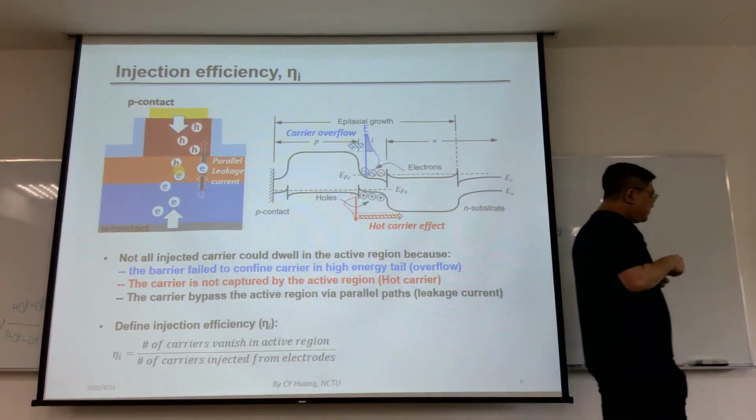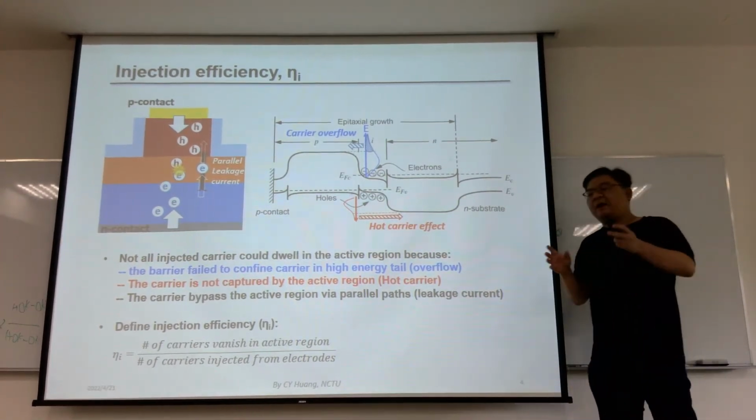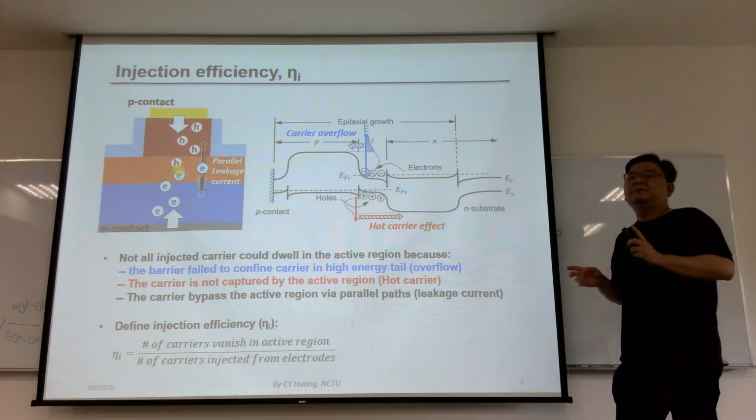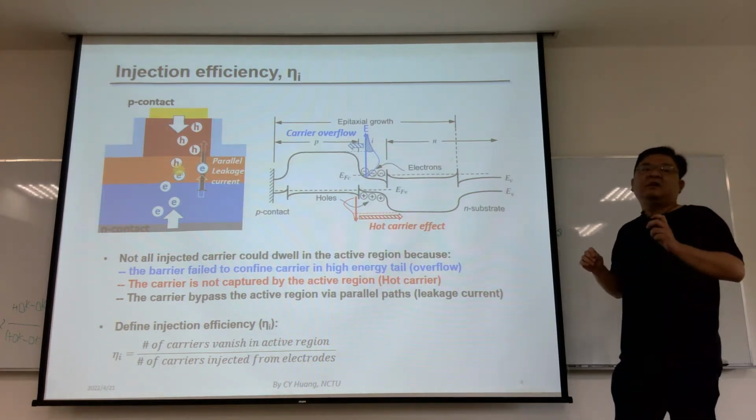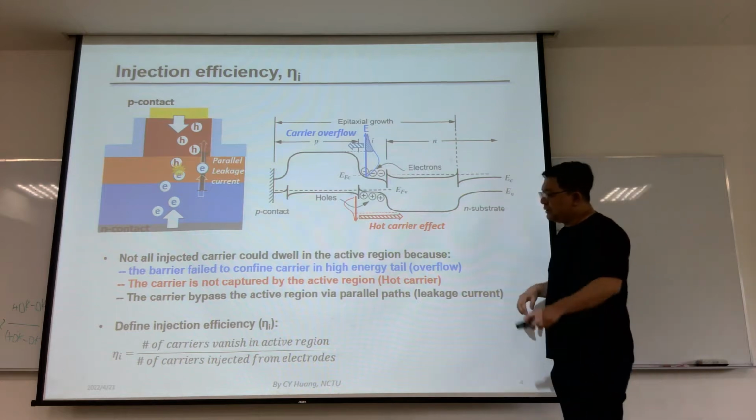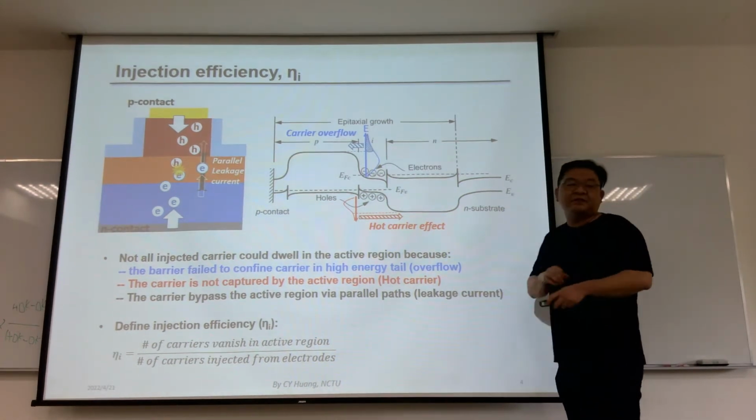So to sum up, we can use one number to evaluate the effectiveness of carrier capture. We call it the injection efficiency.